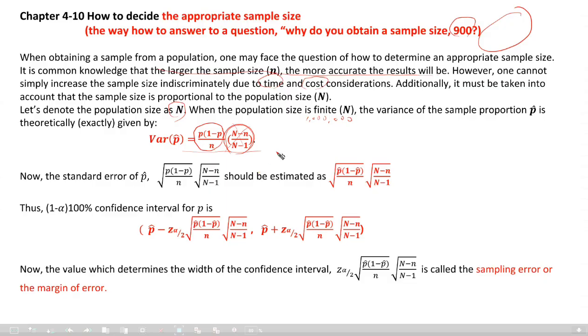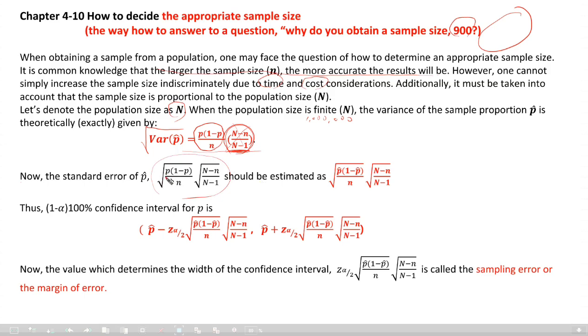But here, in the section on sample size, we add this part. Now, the standard error of p hat is what? The square root of the variance is the standard error, and it should be estimated because we do not know p yet.